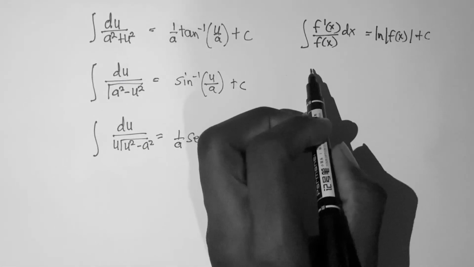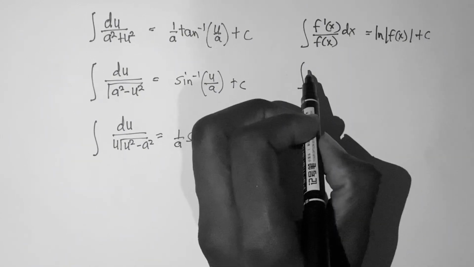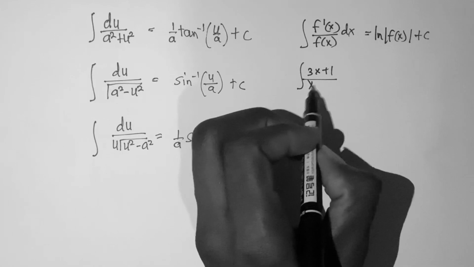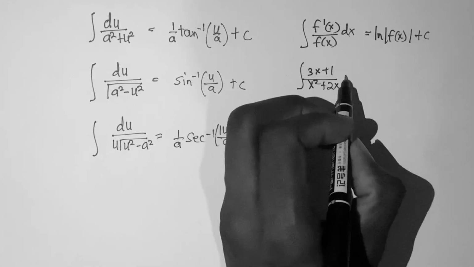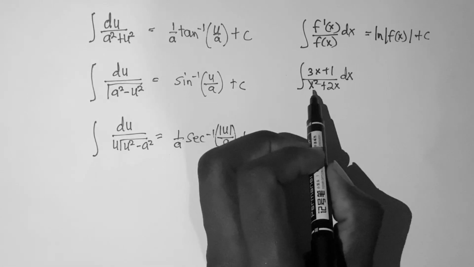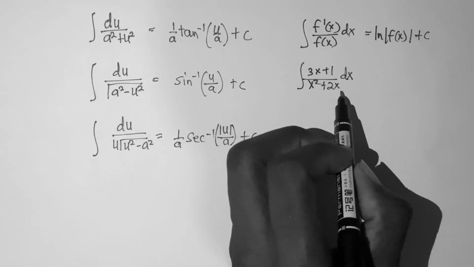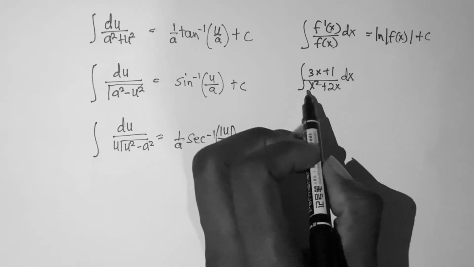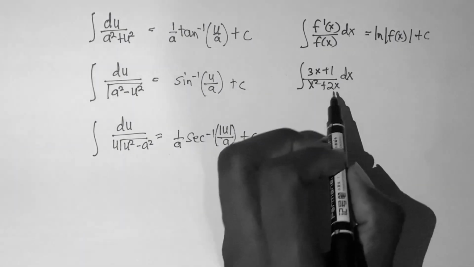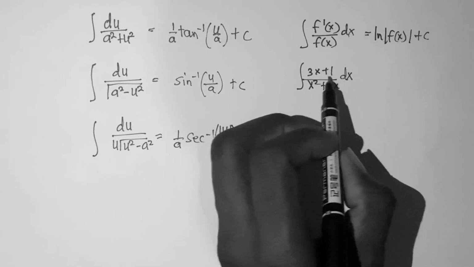For example, let's take the integral of 3x plus 1 divided by x squared plus 2x dx. You see that when you differentiate x squared, you will get 2x, and when you differentiate 2x, you will get 2. So the derivative of the denominator in this case is 2x plus 2, which is different from 3x plus 1.